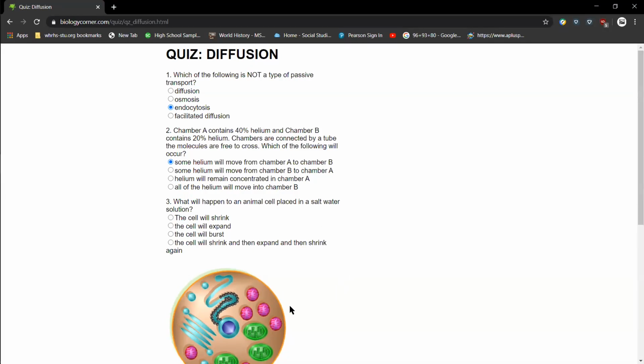Okay, so the answer here is A. And remember, if it's placed in a saltwater solution, that suggests that the solution is hypertonic. And remember, water will always move from a hypotonic to a hypertonic solution. So the cell in this case is hypotonic, the outside is hypertonic. So water is going to move from inside to out, which means the cell is going to shrink because it has less water.